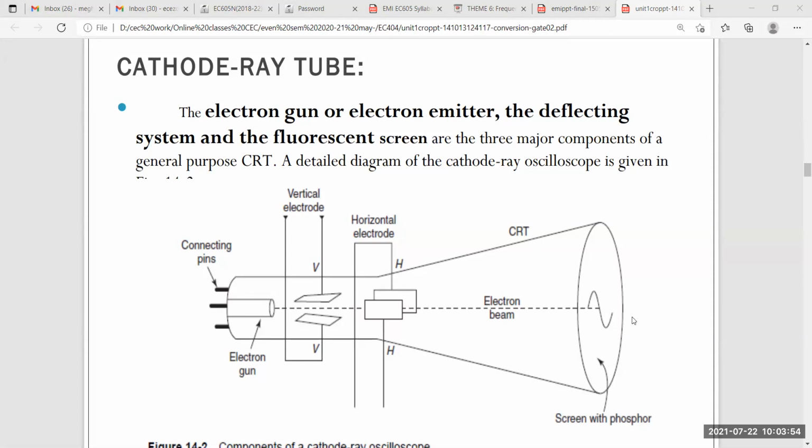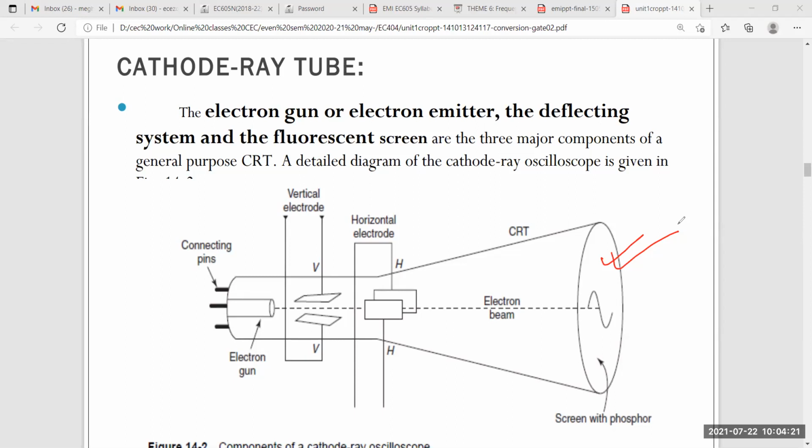Then you can also see the fluorescence screen. This portion is the fluorescence screen. Glass envelope is another important thing. So the major parts of CRO are the electron gun, deflecting system, and fluorescence screen.